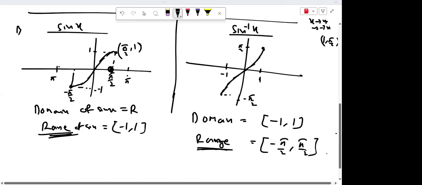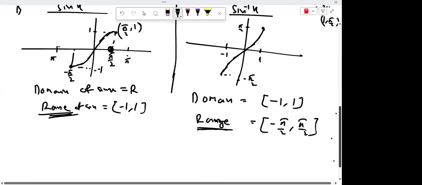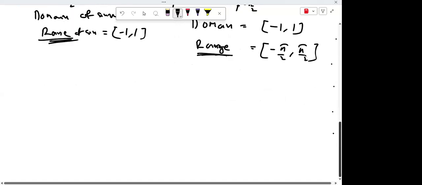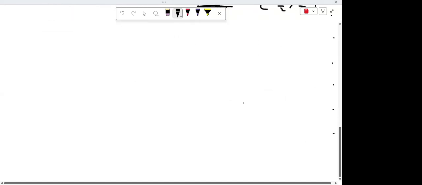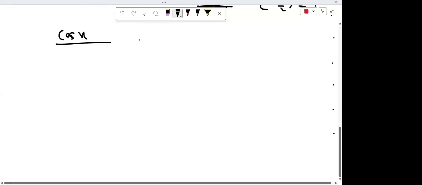Done, everyone? Okay. Next one is cos x and cos inverse x. So the cos x graph is very easy.